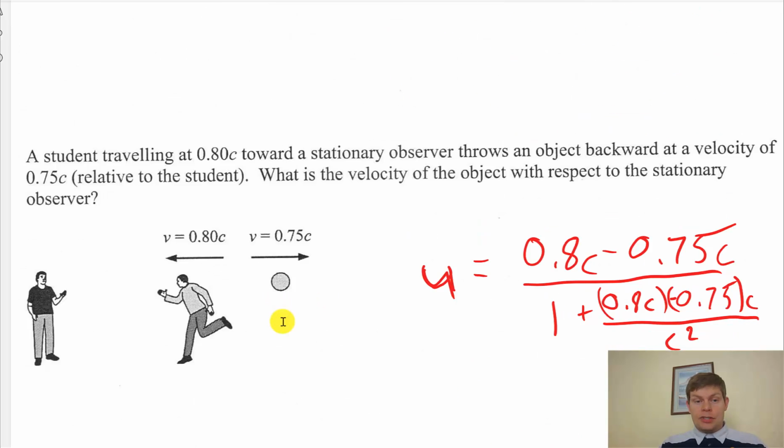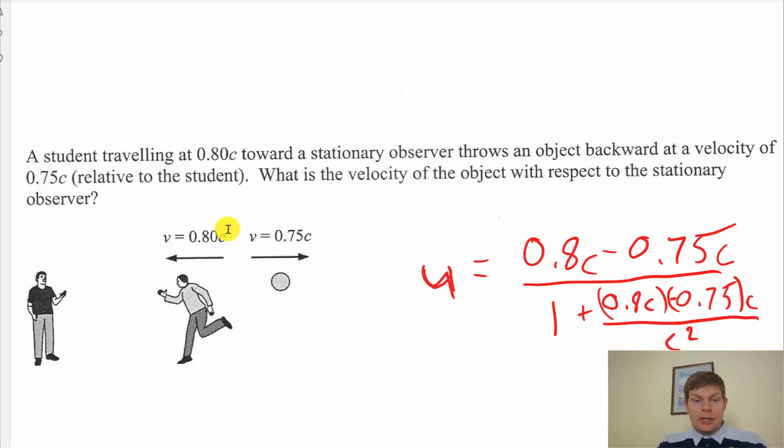For the next question, you've got one going towards the observer, and then he throws the ball backwards relative to him, so away from the observer. I made towards the observer positive in this case, and away from the observer negative. Feel free to do the reverse.